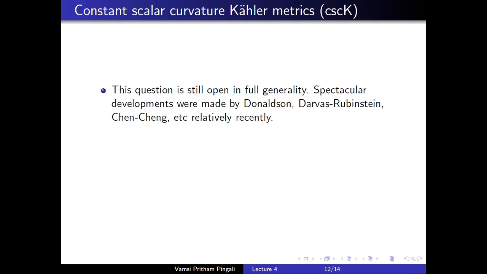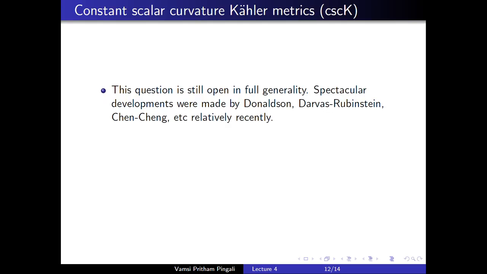Spectacular developments were made by Donaldson in the toric case. Toric varieties are very special, very symmetric complex manifolds. They're nice testing grounds for various conjectures. Based on Donaldson's method, lots of other people also worked on it. Then Tamás Darvas and Yanir Rubinstein came up with a characterization of CSCK metrics using the Mabuchi functional and so on.